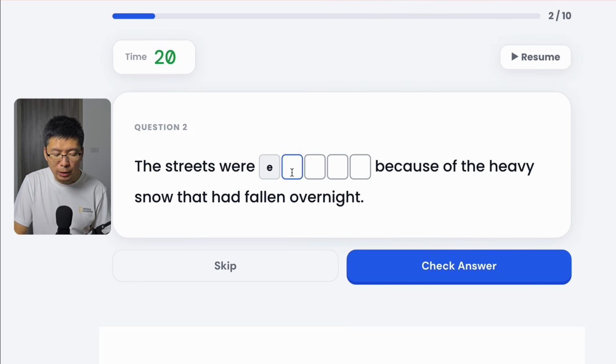So we can know it's a word describing the streets, right? So it must be an adjective. So because of the heavy snow, now you have 3 seconds to think about the answer. Okay, so the answer is empty.